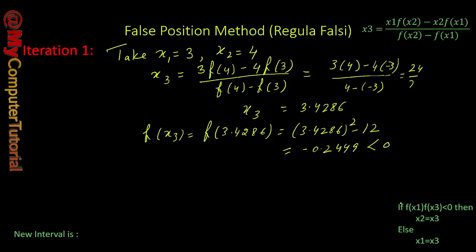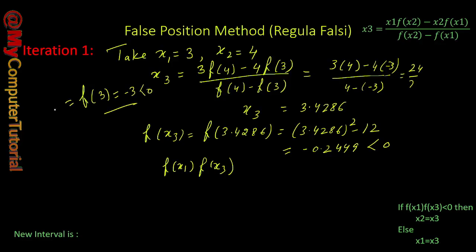So we will have to check according to this rule whether f(x1) into f(x3) is negative or positive. f(x1), which we calculated previously, that is f of 3, is minus 3, which is less than 0.